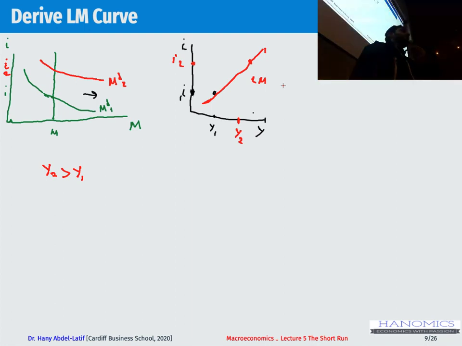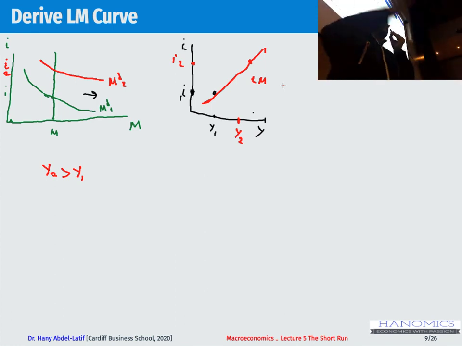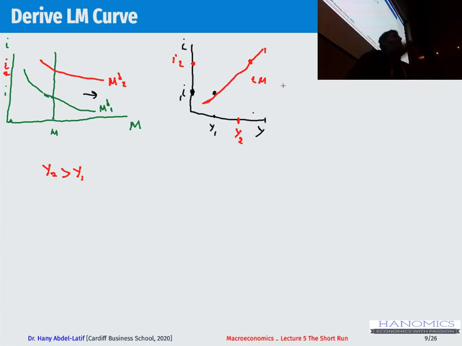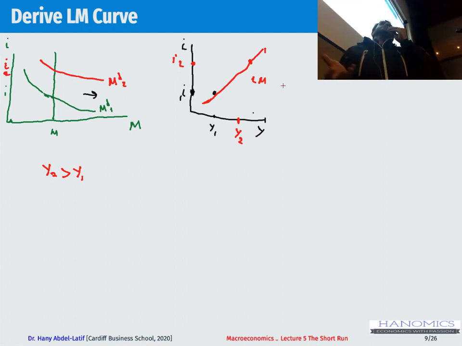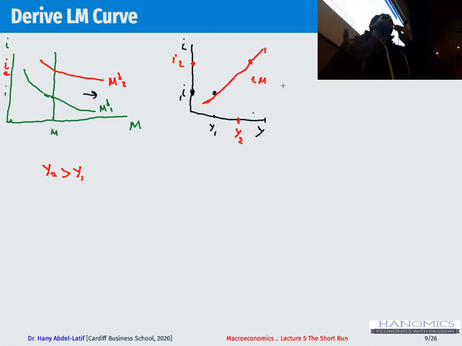Thinking again about a contractionary monetary policy, which has the opposite effect, that will shift the LM curve to the left. So we need to understand what shifts the IS and what shifts the LM. To make it easy, it's very straightforward.